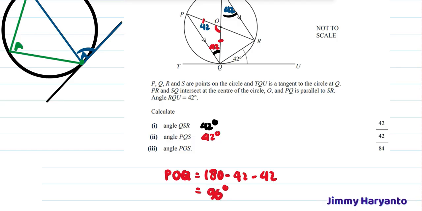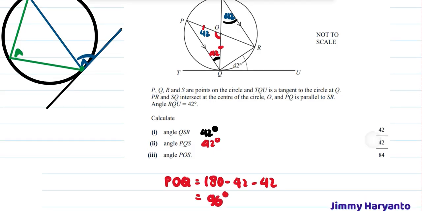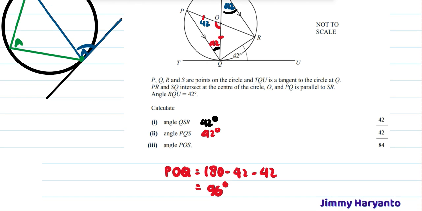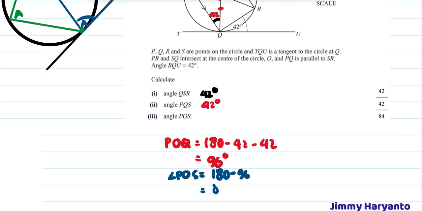Okay, 96 degrees for the angle of POQ. And then to find the angle of POS equals 180 minus 96 equals 84. That's it.